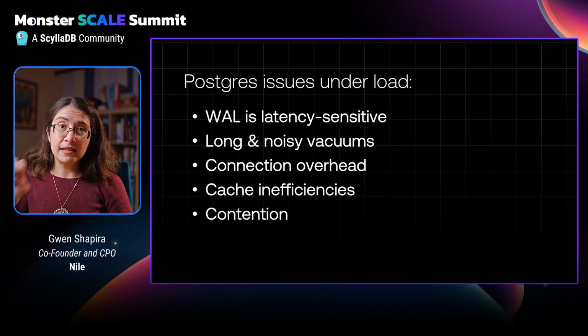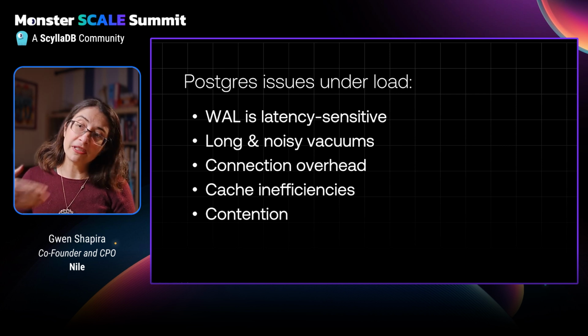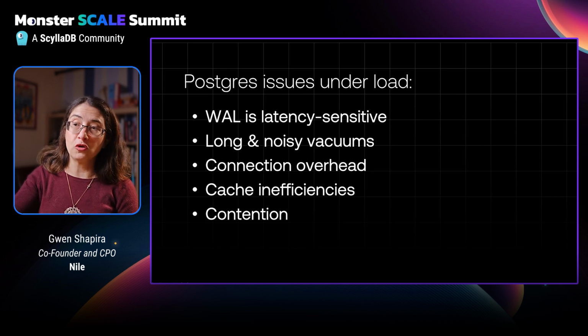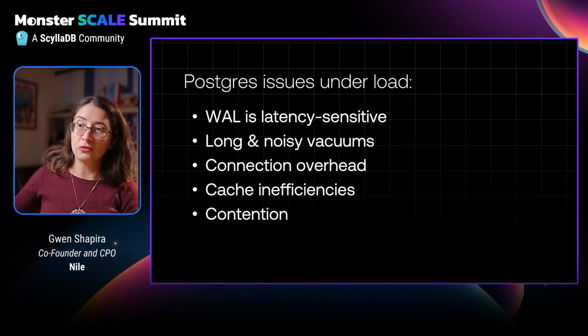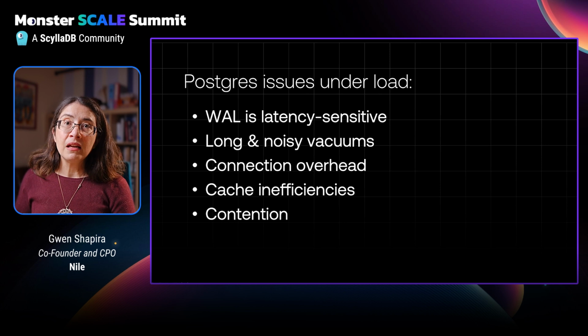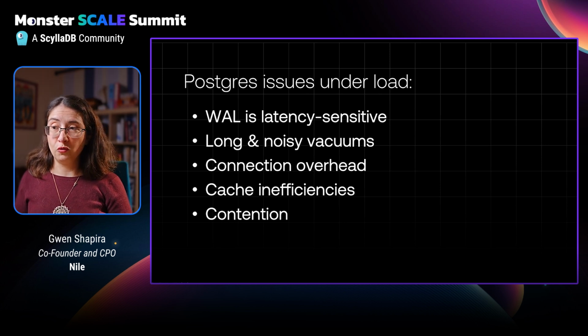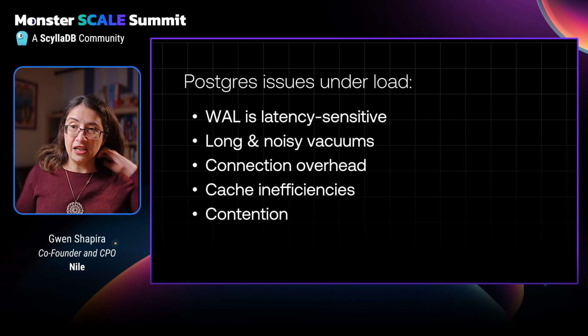Postgres also has a process-per-connection model. Process per connection essentially makes every connection higher overhead. So you want to limit the number of connections, or the overhead from all those connections will start eating into the rest of your resources. The buffer cache has known issues with scaling to very large sizes.